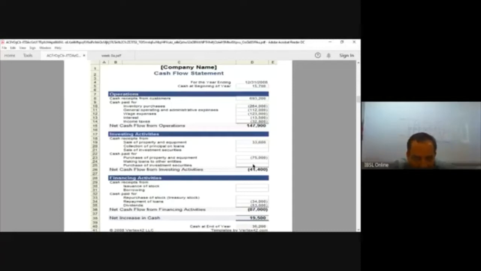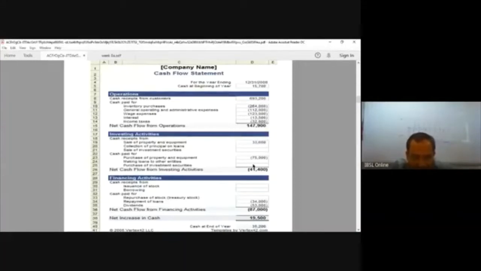Cash paid for new properties, new equipment, new machinery bought, is an outflow. You take the inflow plus and the outflow minus. So net cash flow from investing activities is a minus.